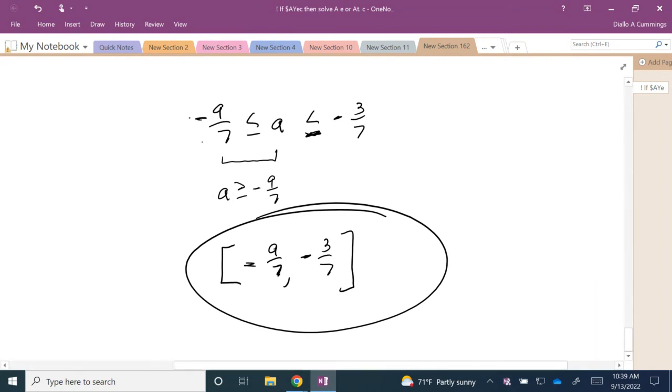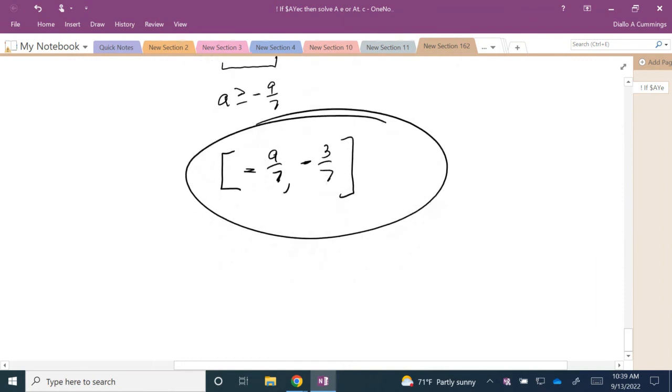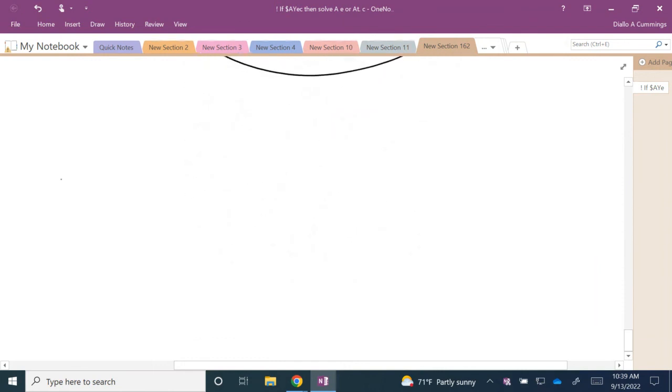All right, and now we'll take a look at one more example. The directions are the same. We want to write in interval notation. So we have 3 times the absolute value of 5c minus 7, plus 3, is greater than or equal to 30.